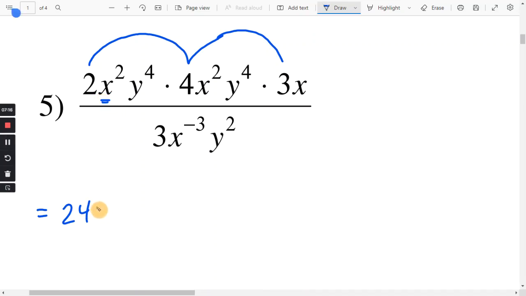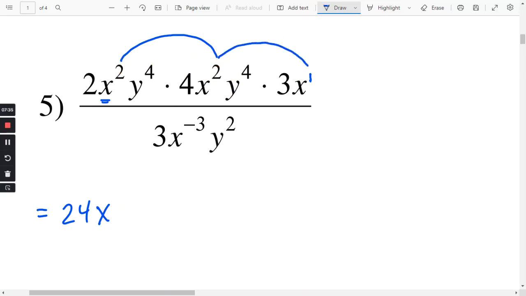We'll keep the x, and we're adding exponents. So x squared, 2 plus 2 is 4. And the 1 on the end is the same as x to the first power. 2 plus 2 is 4, plus 1 is 5. So that's going to be x to the 5th.